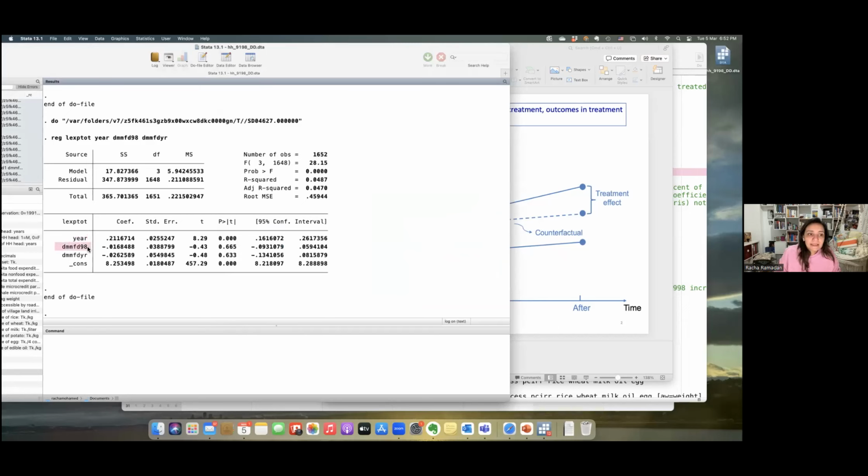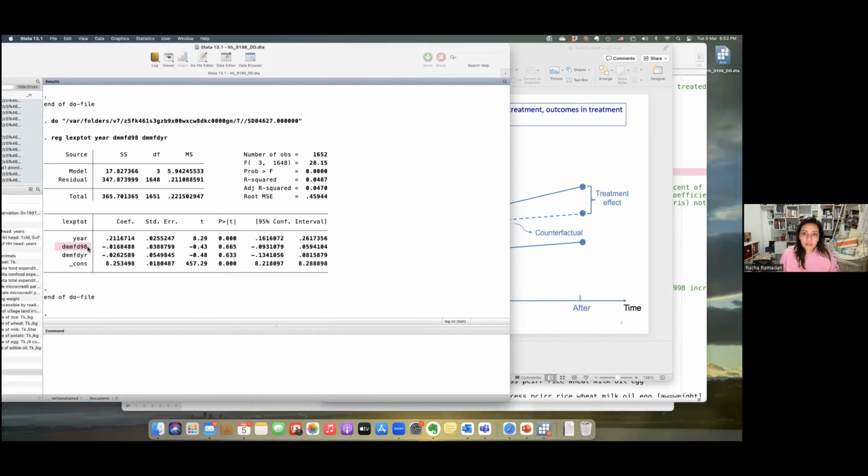And the variable DMMFD98, which is the dummy variable for the treatment, says that being treated has no significant effect on total expenditure per capita. Being treated means having a male microcredit beneficiary in the household.